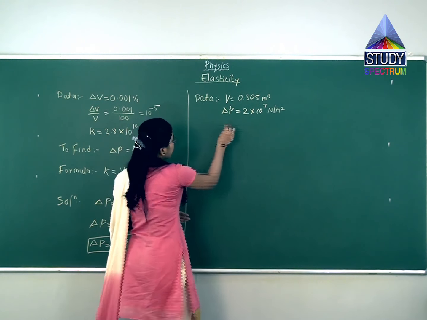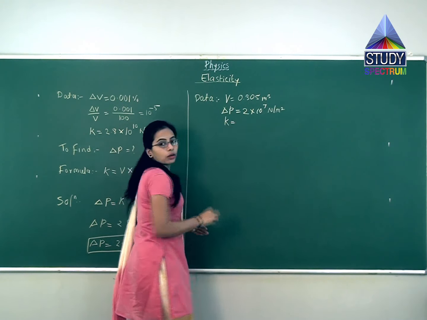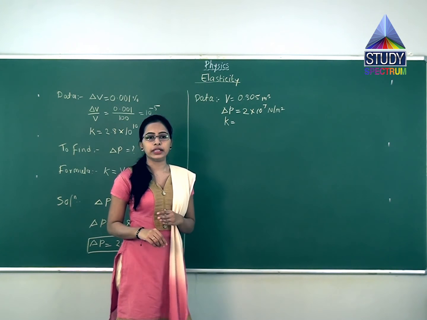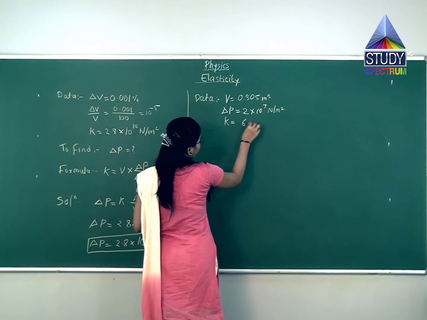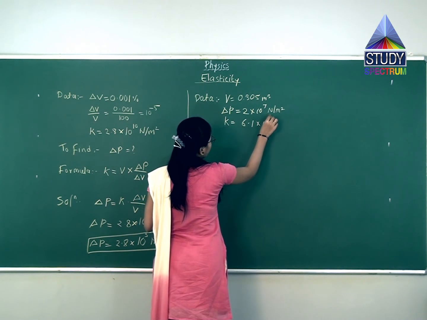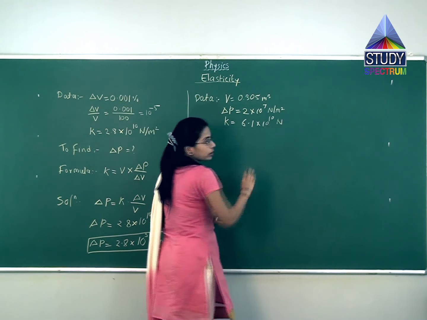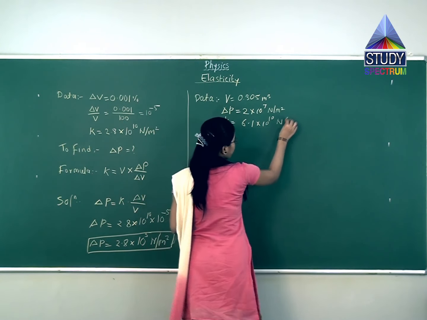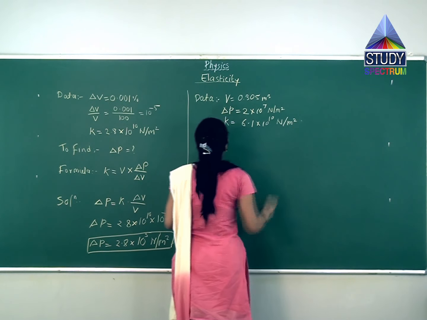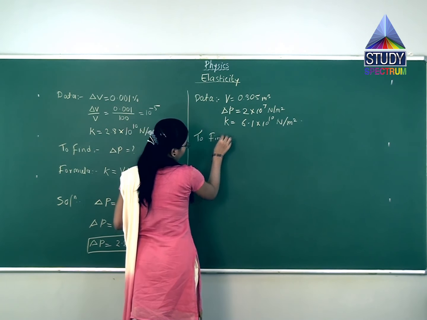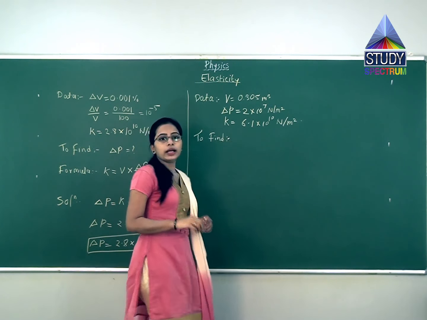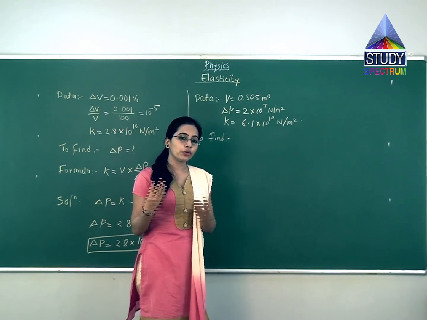Then K value, bulk modulus of the liquid is given. So it is 6.1 into 10 raised to 10 Newton per meter square. And we have to find, it is asked what is the change in volume of the sphere.